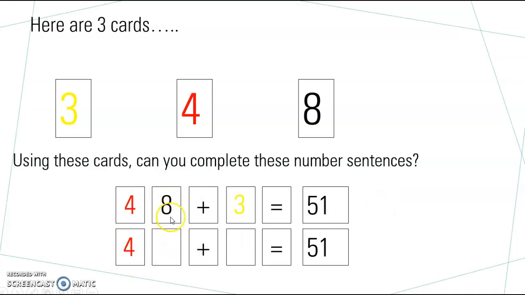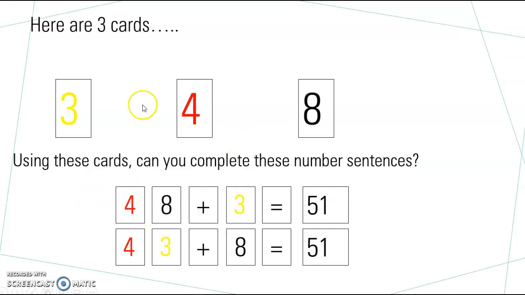Keep the 4 where it is. We can swap these two numbers around. 43 add 8 equals 51. Counted on 8 from 43, so 44, 45, 46, 47, 48, 49, 50, 51. So those two are now correct.